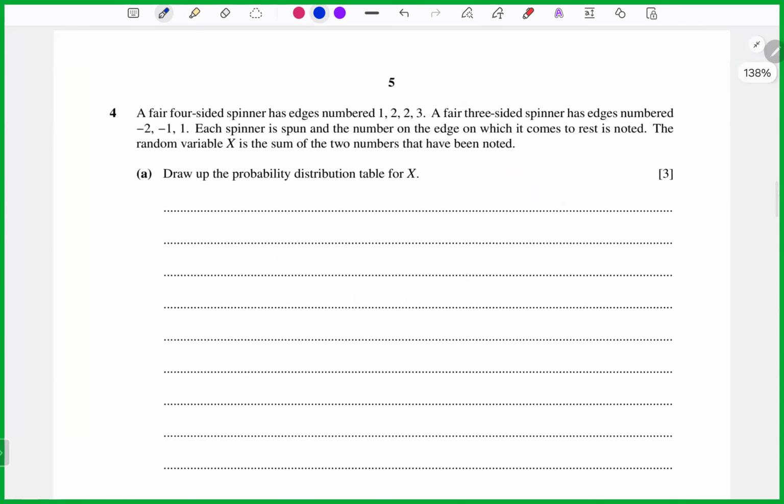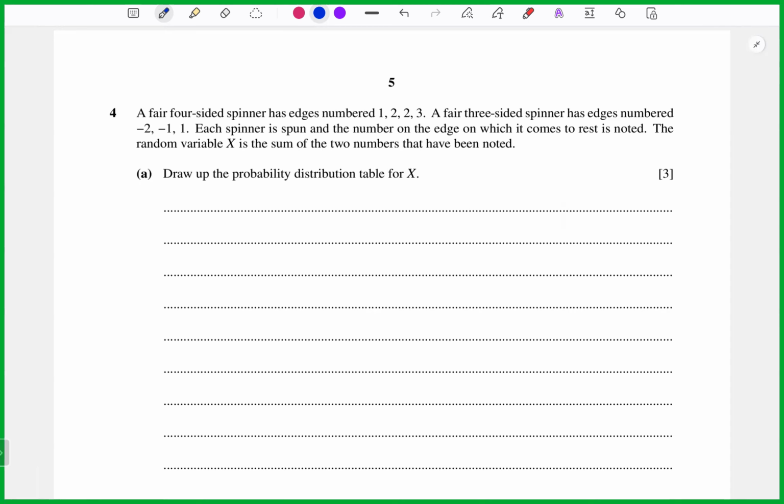Okay, let's go into the next question. A fair four-sided spinner has sides numbered 1, 2, 2, 3. A fair three-sided spinner has sides numbered -2, -1, 1. Each spinner spins and the number on the side on which it comes to rest is noted.